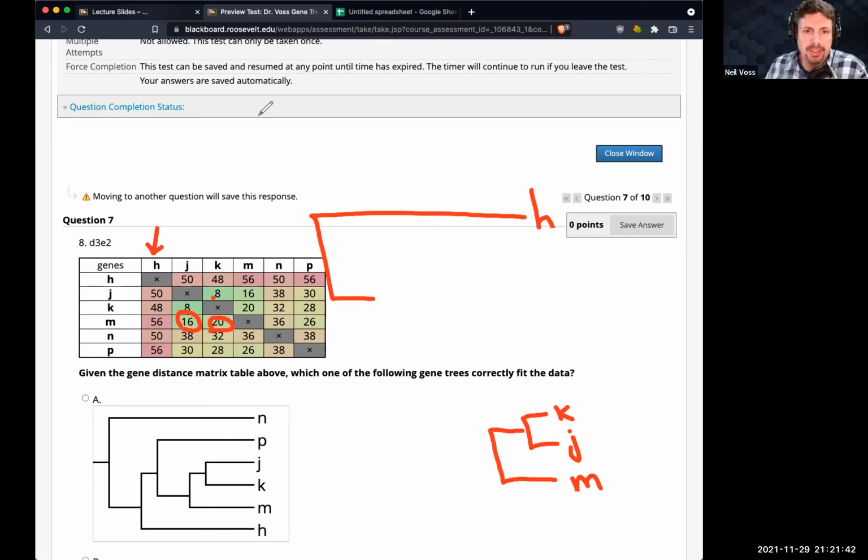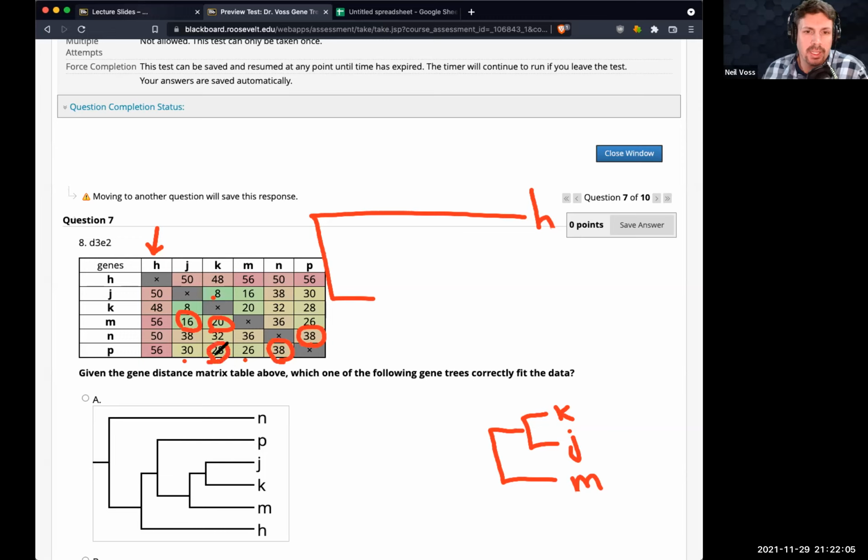So then what happens next? We have eliminated H. We got J, K, and M all put together. So now N and P, do they connect to the mass first or do they connect to each other? So N and P is 38, right? It looks like P is 30, 28, and 26.